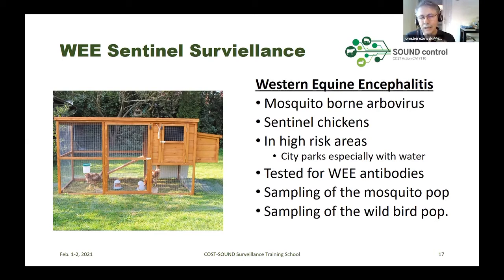When the antibody levels start going up in the chickens, then it's time for the city to do some sort of response. Either look at the wild bird population, look at mosquito pools, and sometimes, not so much recently, but we used to spray the whole city with pesticides to try to get rid of the mosquitoes.